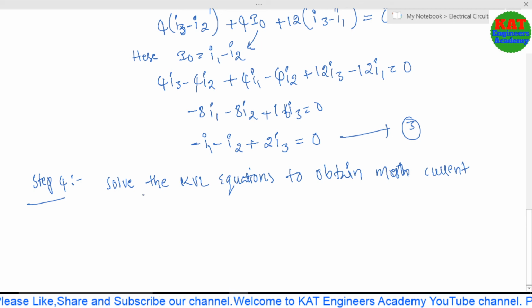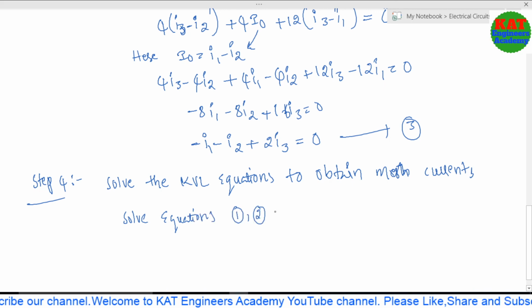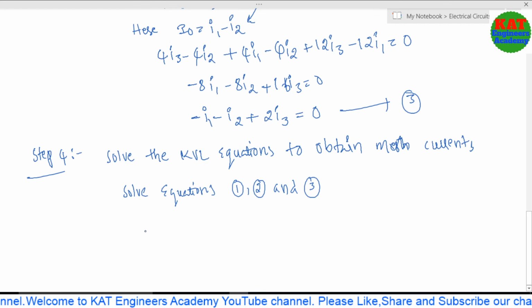First you have to solve the KVL equations to obtain the mesh currents. Here we have 3 equations: first, second and third. How do we solve the equations? By using Gaussian elimination or Cramer's rule. Any method you can use, finally we will get the answer.